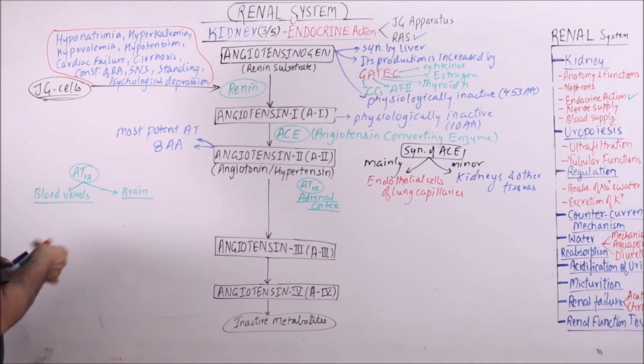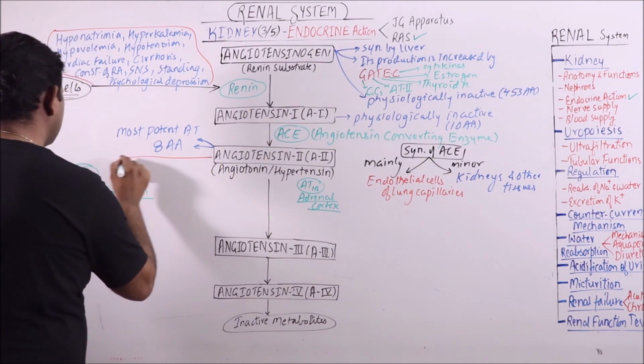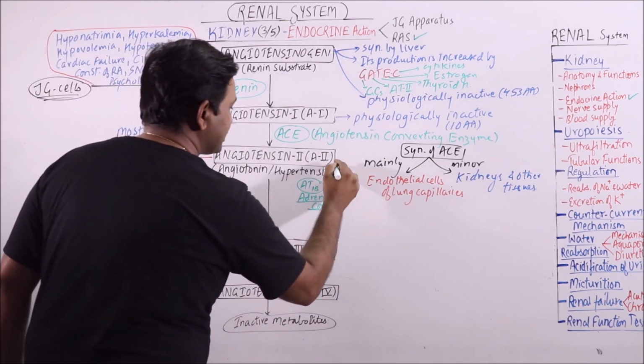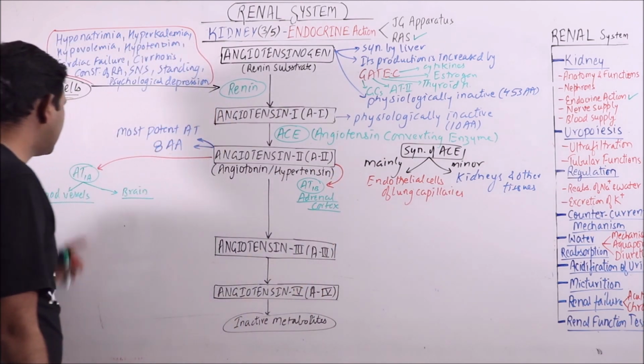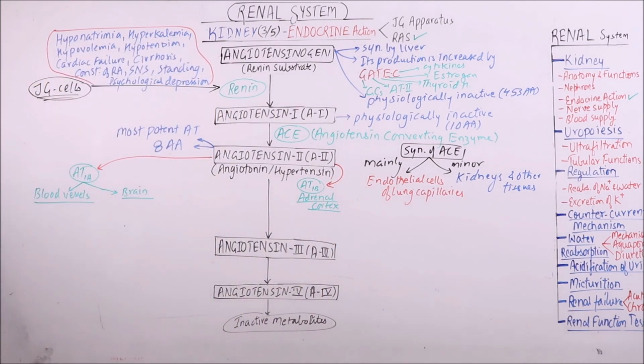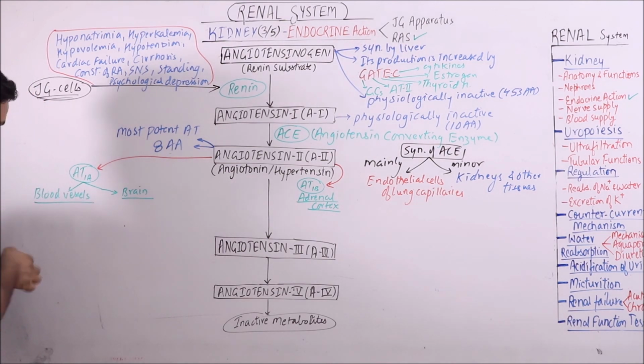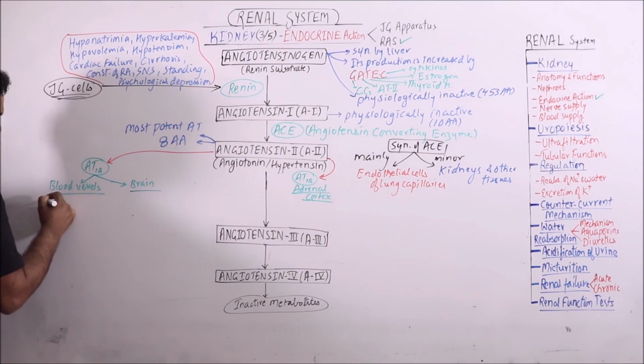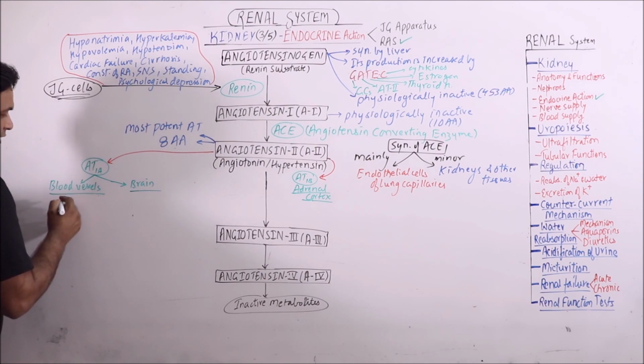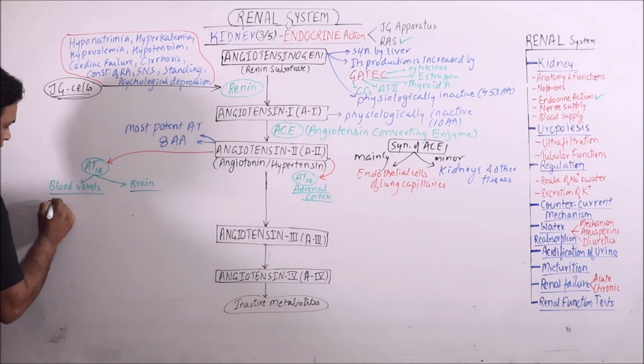So the effects of angiotensin is because of its action on angiotensin 1A receptors and the angiotensin 1B receptor. Now what is the effect on blood vessels? When angiotensin 2 acts upon AT1 receptors of blood vessels, then following effects are observed.